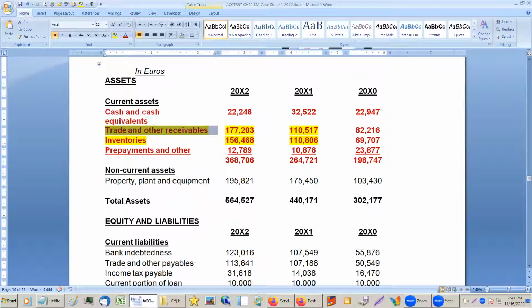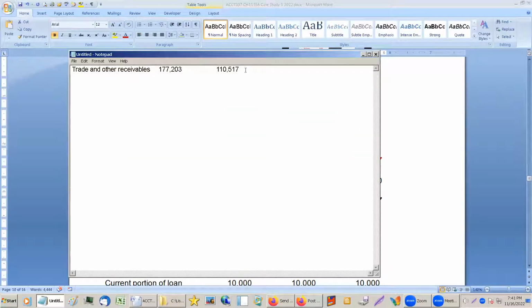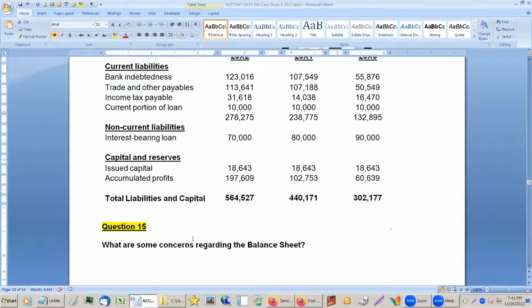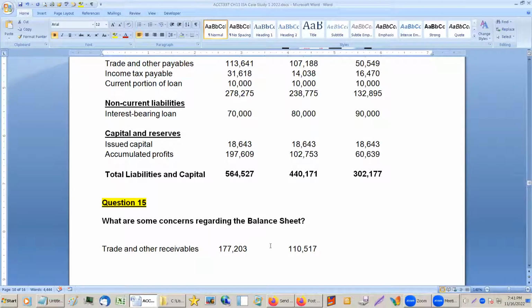Let's see if it's more than the increase in sales. I think it is, but I could be wrong, although that's never happened before. Plausibly, you'd think that if the sales jump up, the receivables would jump up by the same amount or something similar to it.